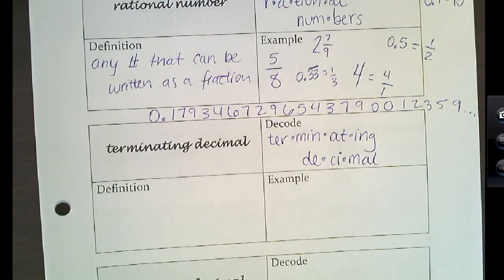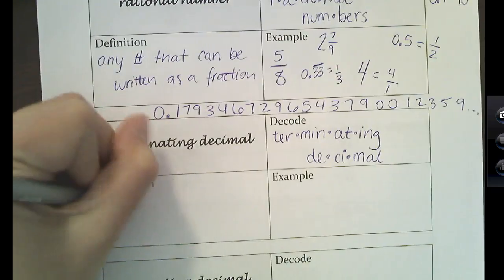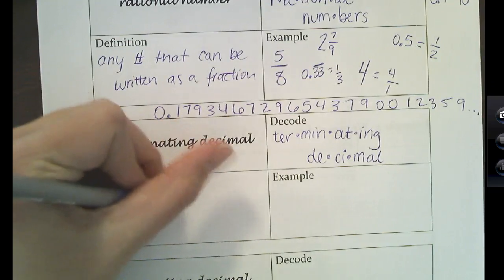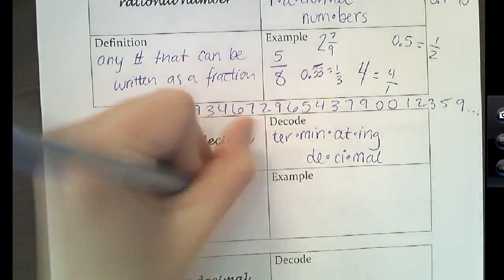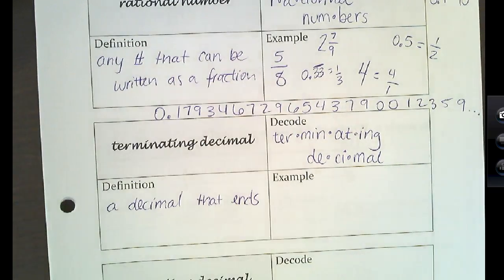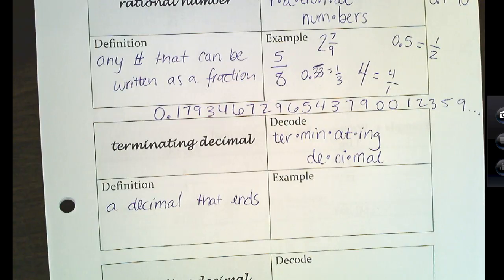A terminating decimal is a decimal that ends or terminates. You guys know what it means to terminate something? It means to stop something.